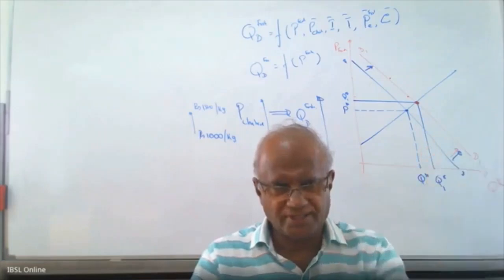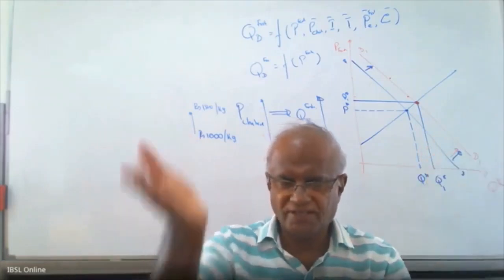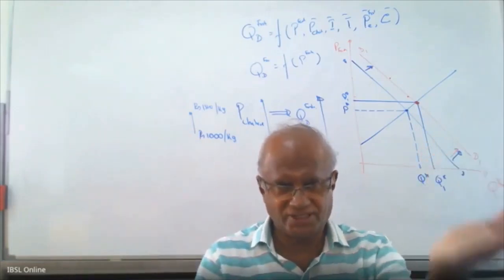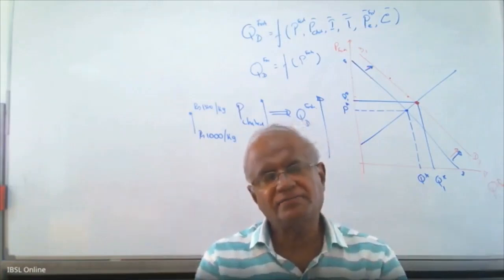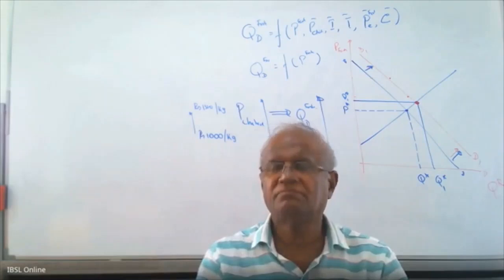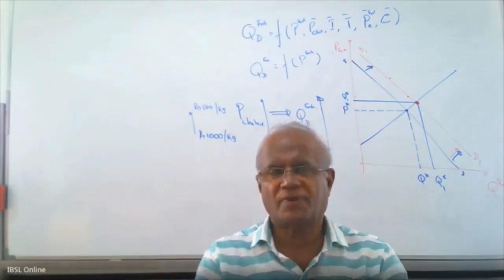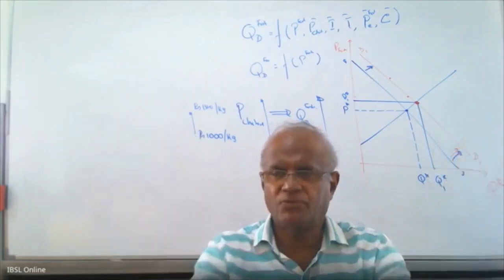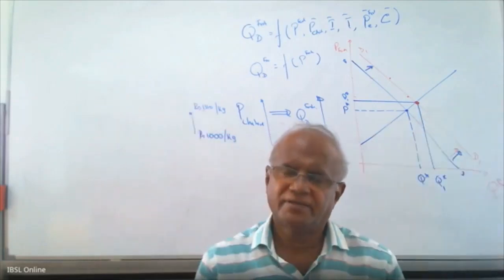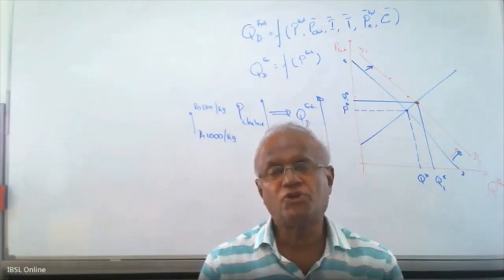When the price of chicken decreases, demand for fish decreases. If chicken is cheap, people cut down the demand for fish, and the price of fish decreases. If the price of chicken increases, quantity demanded of fish increases. They are moving in the same direction in the case of substitute goods.